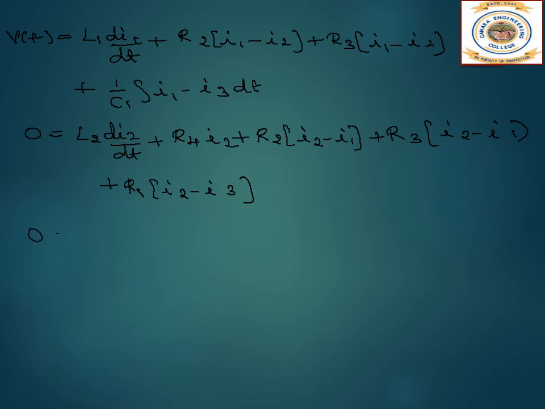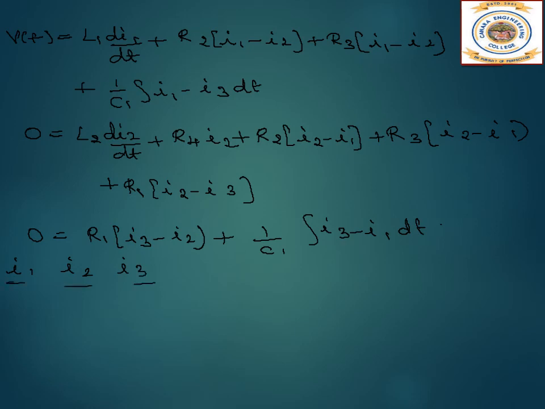Equation 3: 0 is equal to R1 into (I3 minus I2) plus 1 by C1 integral (I3 minus I1) dt. So let us write what all things are there in each loop, I1, I2 and I3.